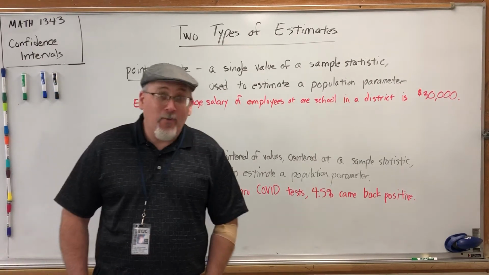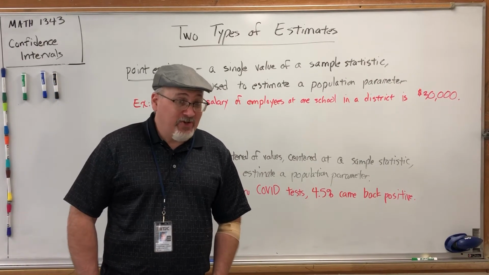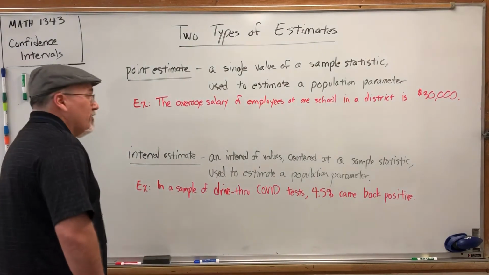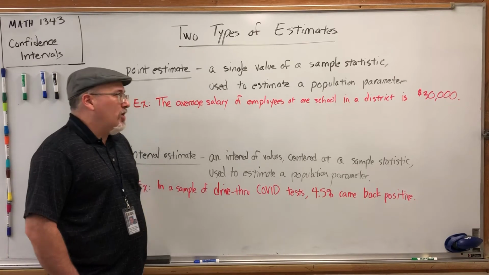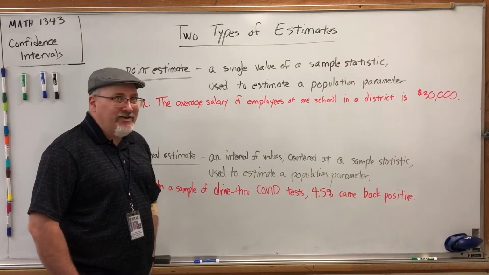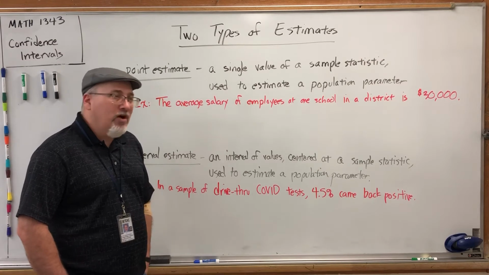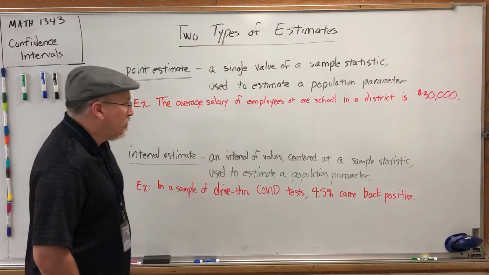And I am fully aware that there are some districts that contain one school. I've worked at them. But let's assume here that the population is all the employees in the entire district, whereas the employees at this one school are a sample of all of the population's employees.